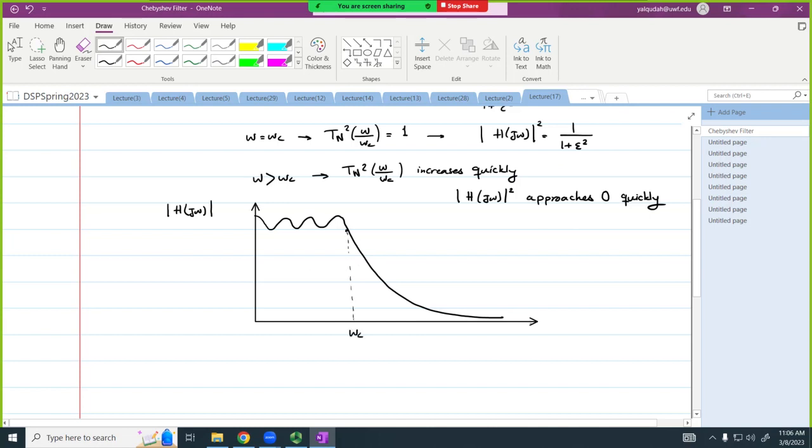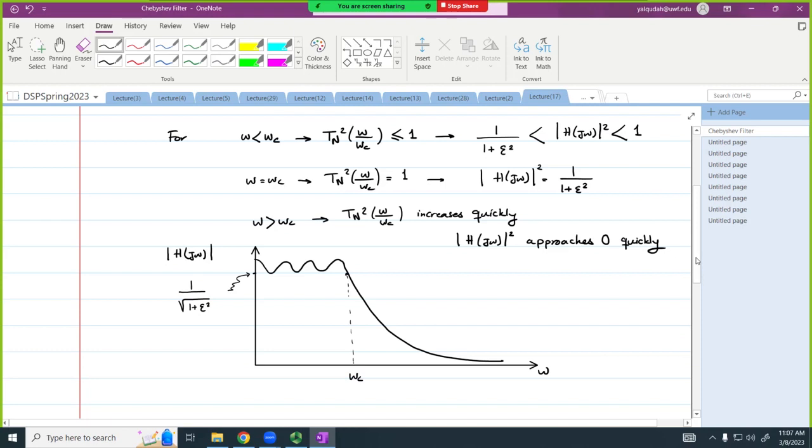So this is my omega cutoff, this is my omega. At this point here, the value of the function when omega is omega cutoff is going to equal the square root of 1 over 1 plus epsilon squared. Before it, we have these ripples, and after it, it is going to decay without ripples.